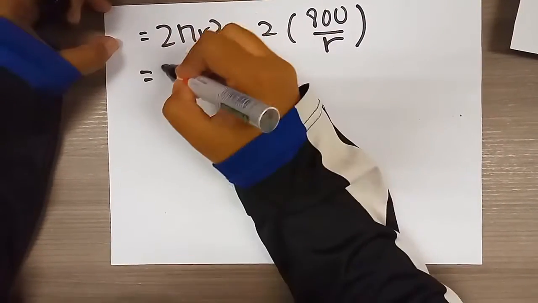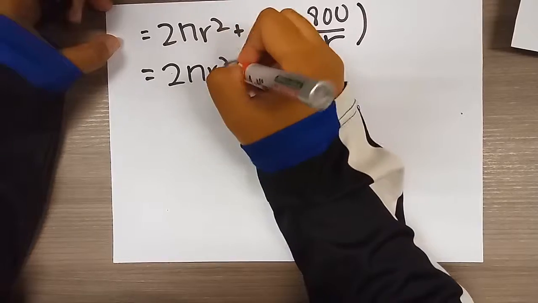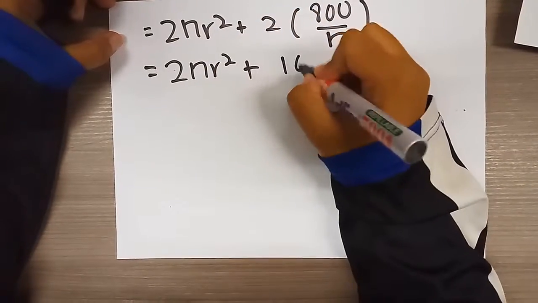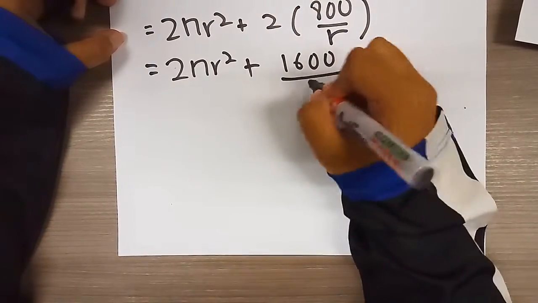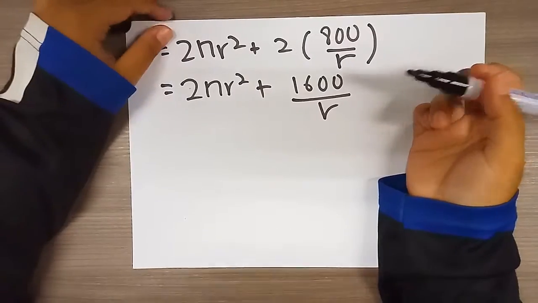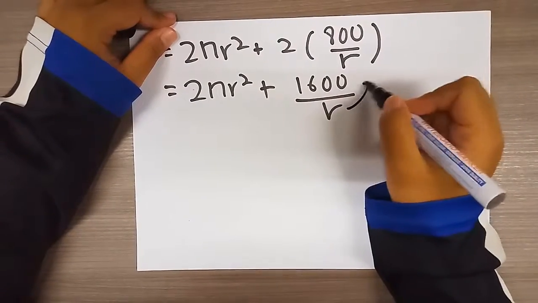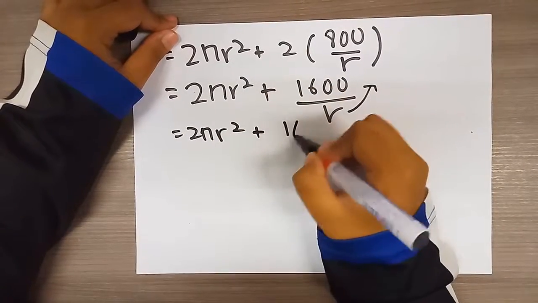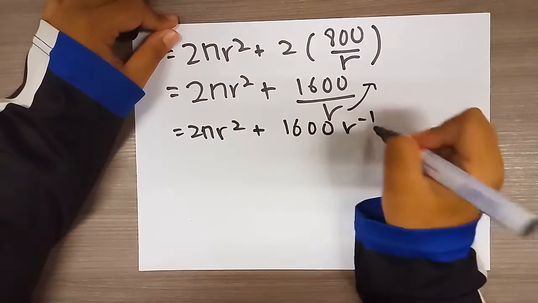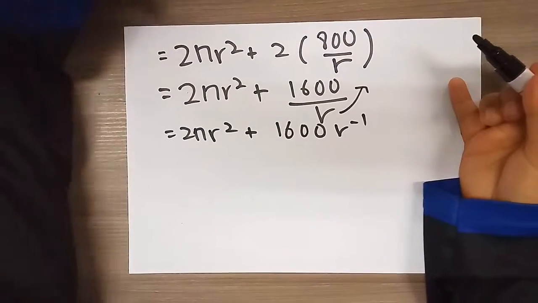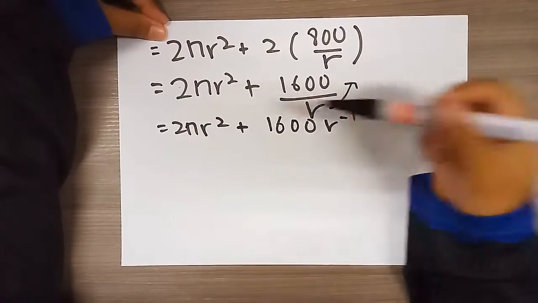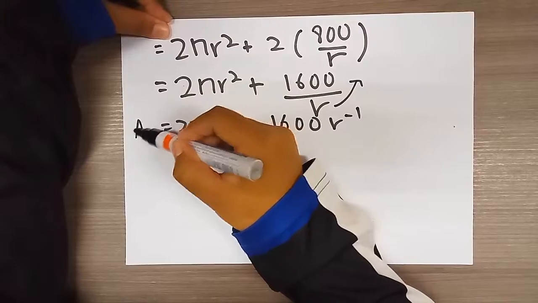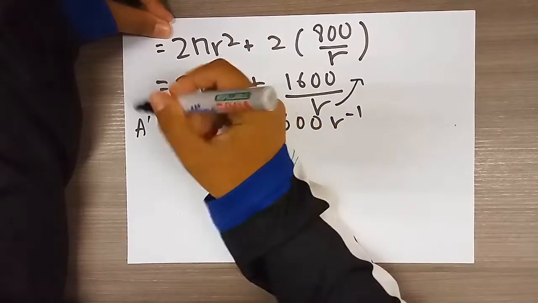So simplify: 2πr² plus 1600 over r. Put r up here, so 2πr² plus 1600r⁻¹. To find the minimum value, we have to differentiate the area.